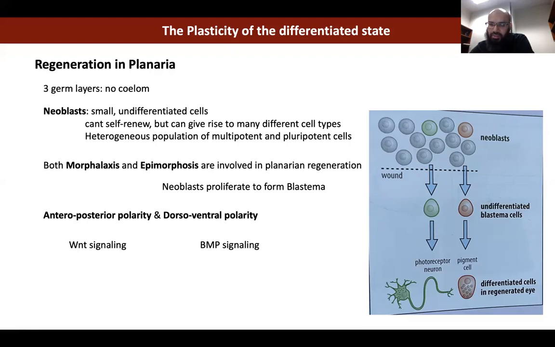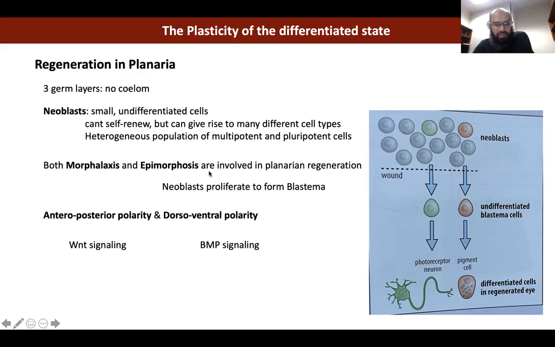Some of the cells behaved like pluripotent cells, because they gave rise to different differentiated cell types from all 3 germ layers. But some gave only a very limited lineage of differentiated cells. So neoblasts in planaria are a heterogeneous population.